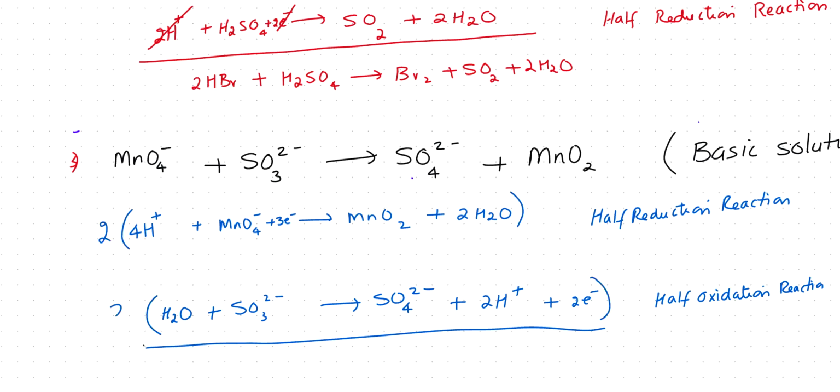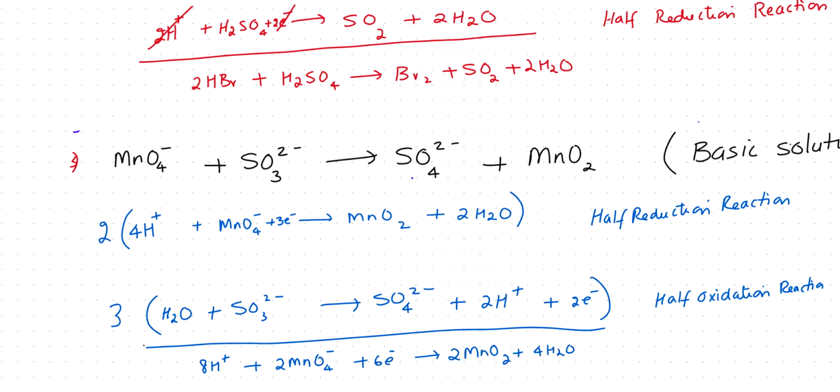So 2 times 4 becomes 8H plus, 2 MnO4 negative, plus 2 times 3, 6 electrons, and then 2 MnO2 and 2 times 2, 4 H2O.